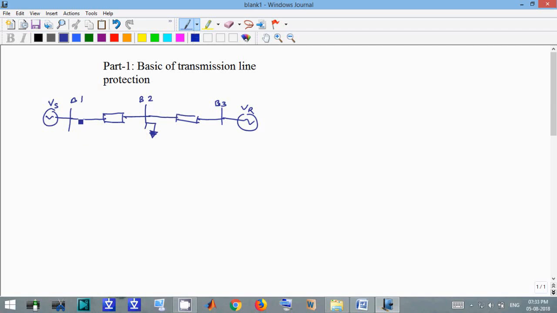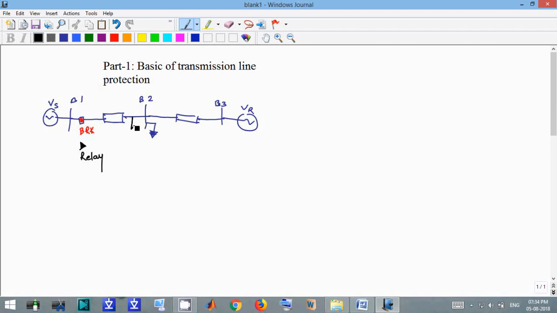Now here a breaker is placed, and our relay is placed here, which gives the trip signal to this breaker.